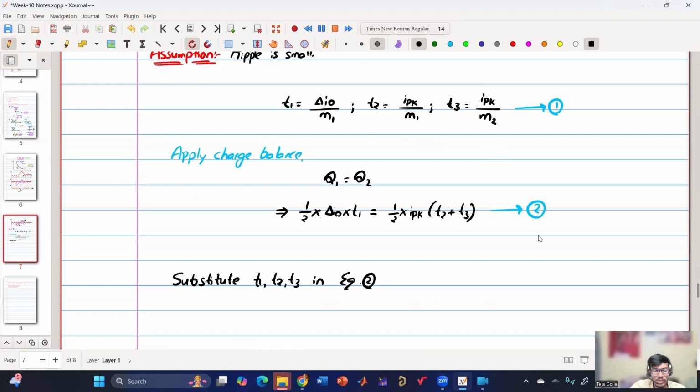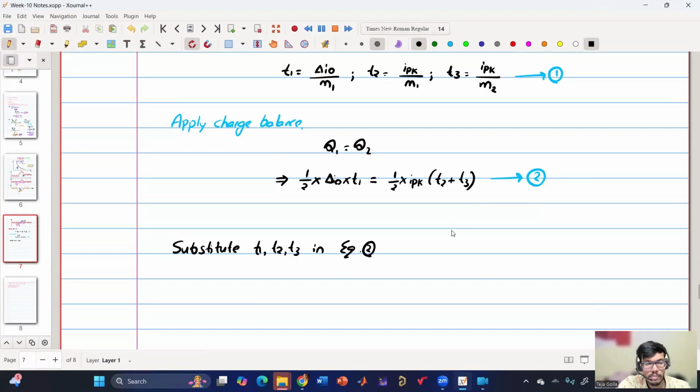Please try to solve along with me. What will be on the LHS? First of all, half and half will cancel. So what is left on my LHS?